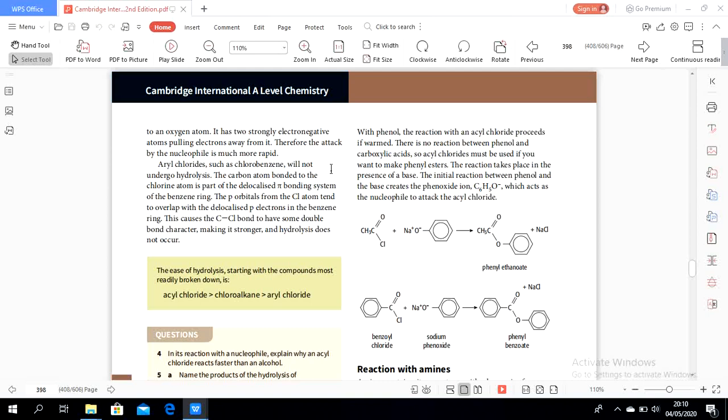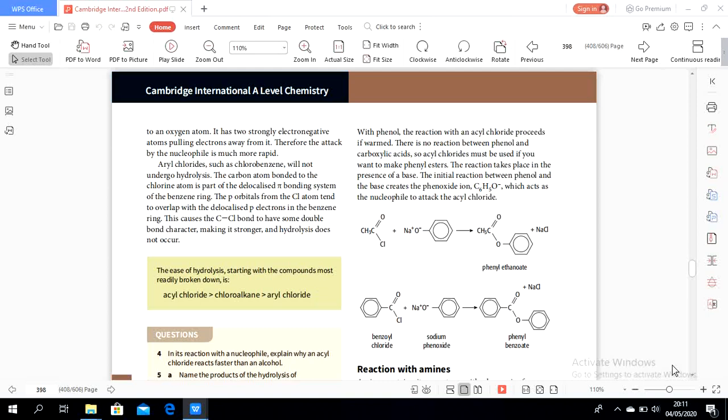This causes the C-Cl bond to have some double bond character, making it stronger, and hydrolysis does not occur. So the ease of hydrolysis, as I explained before: acyl chloride is easier, chloroalkanes or halogenoalkanes are not as easy as acyl chloride, and the most difficult is aryl chloride.